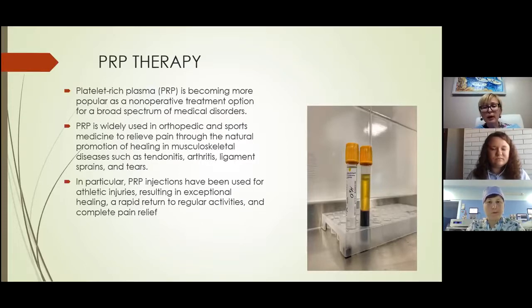This method became more popular, like a non-operative treatment option in different medical disorders.